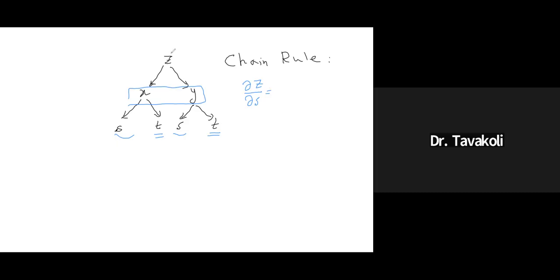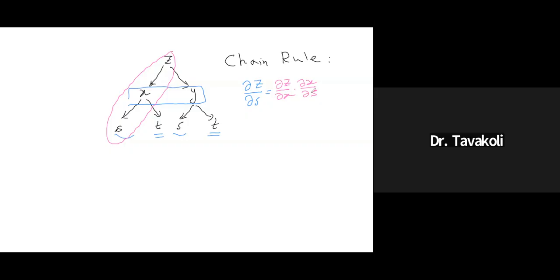To get from z to s, I can get through x, this path, and this path tells me partial of z with respect to x times partial derivative of x with respect to s. Pay attention that x is of two variables. That's why I use the partial derivative notation for x with respect to s.